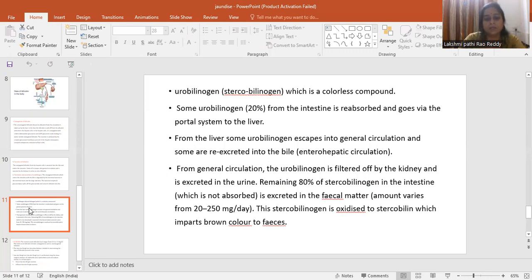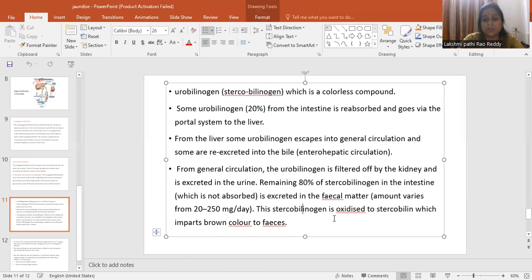From the general circulation, the urobilinogen is filtered by the kidney and excreted in the urine. The remaining 80% of stercobilinogen in the intestine, which is not absorbed, is excreted in the fecal matter, approximately 20 to 250 milligram per day. This stercobilinogen is oxidized to stercobilin, which gives feces its brownish color.